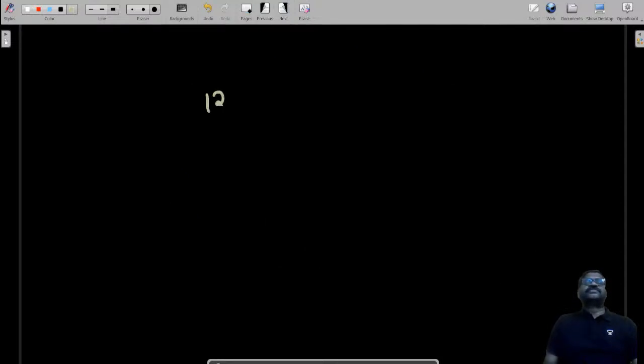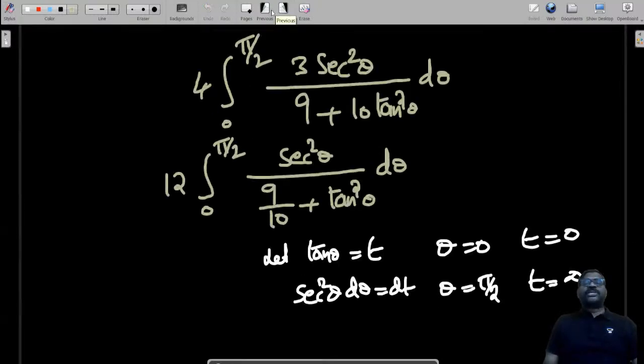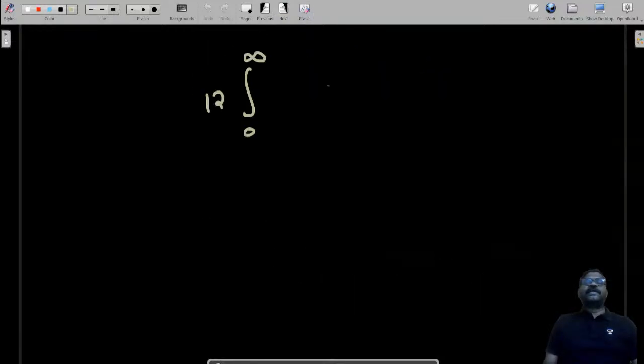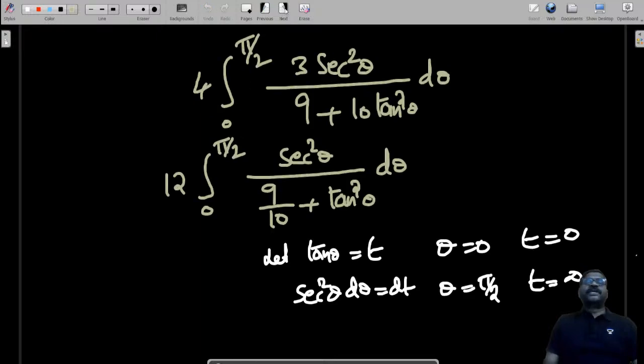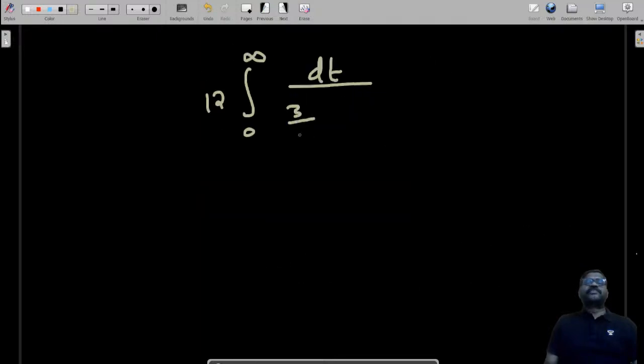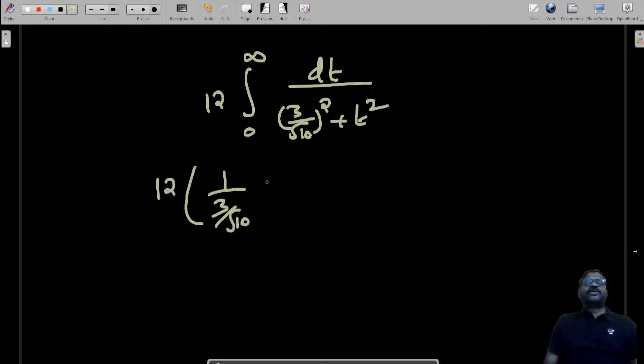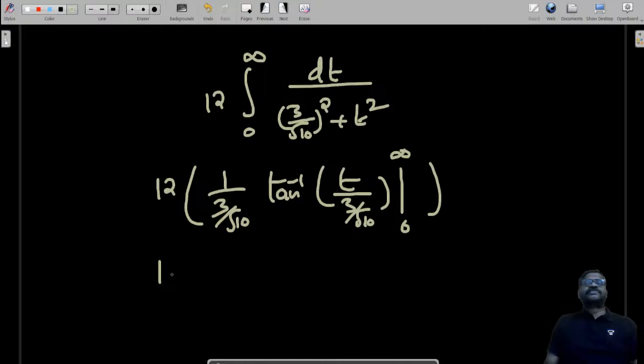That is 12 into integral 0 to infinite dt by 9 by 10 plus t square. 12 into 1 by 3 by root 10 tan inverse t by 3 by root 10 from 0 to infinite.